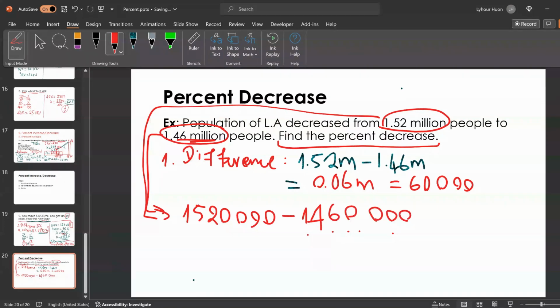Yeah, because it's like 1.46 million, right? So then, if we find this difference in expanded form, what will it be? 1,520,000 minus 1,460,000.